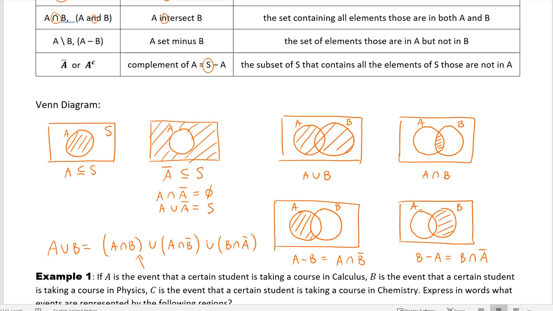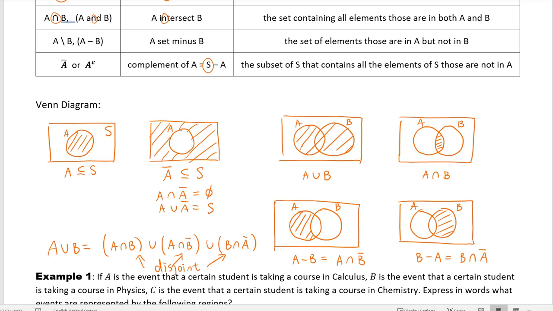And all these three regions are disjoint. Disjoint means they don't have common elements. The intersection of any two of them is empty. Okay, so they are all disjoint.